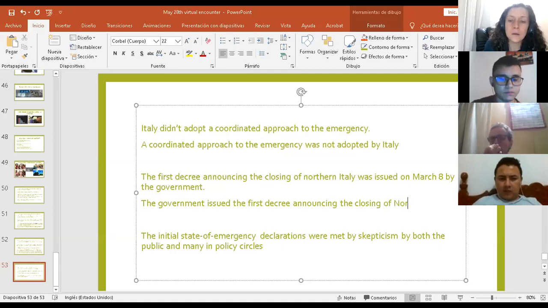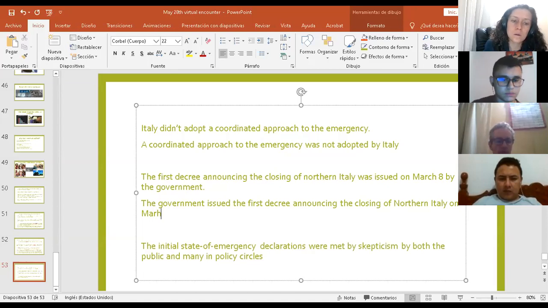This one is in active voice, to move into passive. Okay, and finally, to change it into active.